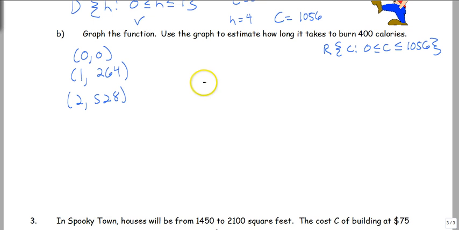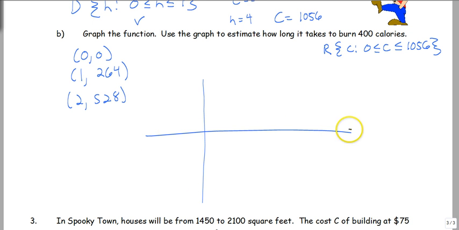I'm going to graph it. So I'm going to go up by hundreds here, and then I'm just going to go over by hours. So this is 1 hour, 2 hour, 3 hour, and 4 hour.